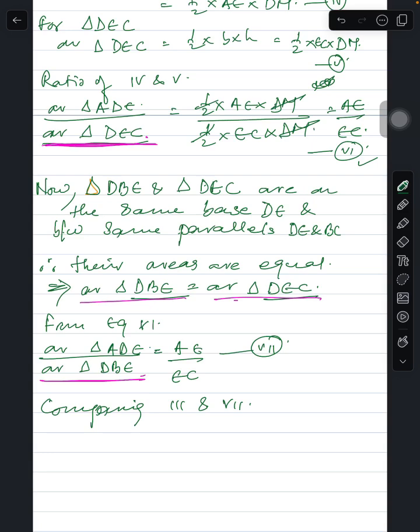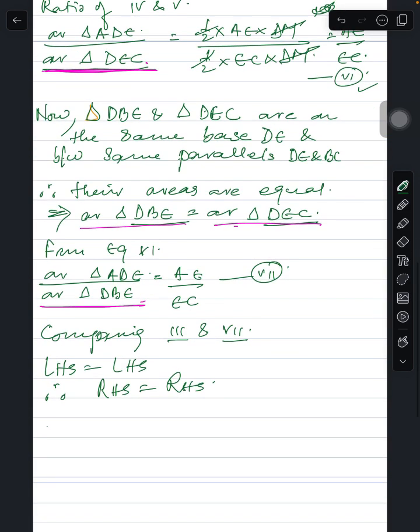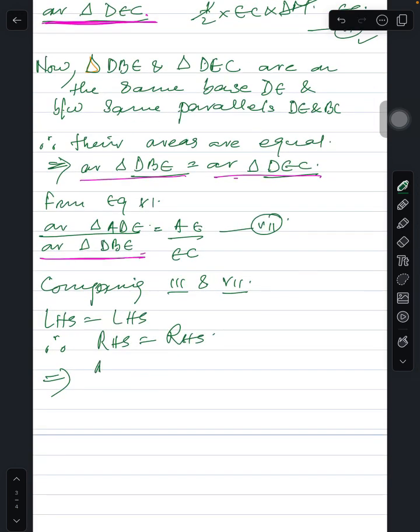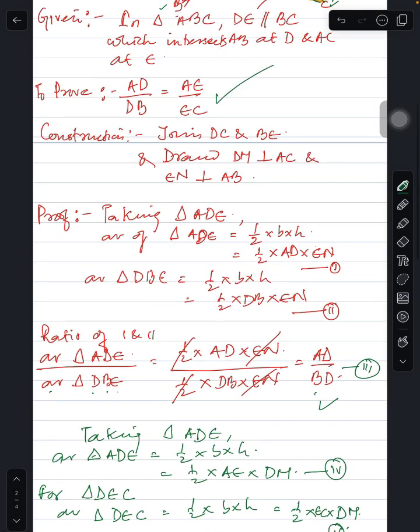Both LHS are equal, you can say, in 3 and 7. Both LHS are the same. Therefore, RHS is equal to RHS, which implies AD by BD is equal to AE by EC. Okay, understood? So this is what was to be proved.